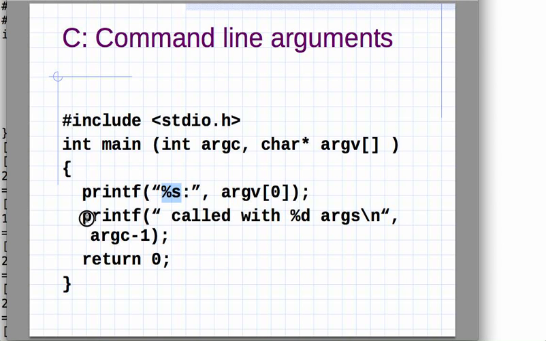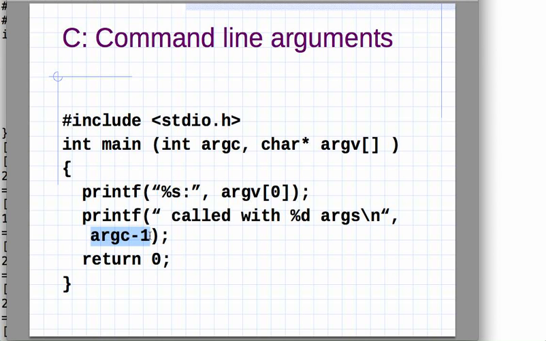The next thing we do is printf, and print out this string saying this program was called with so many arguments, and the parameter that we supply for this %d format character is the number of args minus 1, because the first one is the name of the program itself, so that's why we subtract the 1. So let's say we run this program and we supply 2 arguments. argc will be 3.